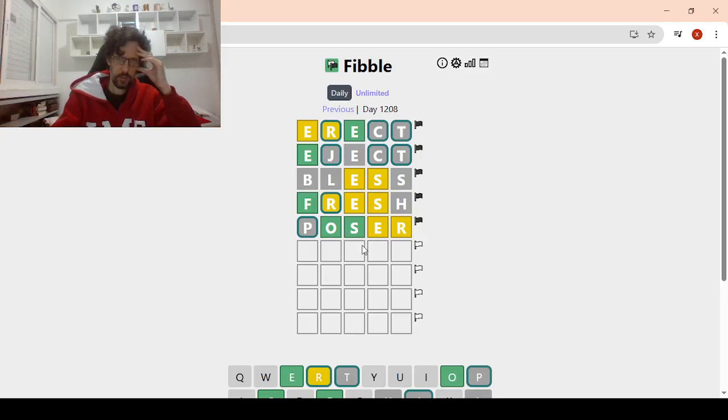G. If the R is a lie, then the R goes here. And then we should have at least one E. So it should go here.